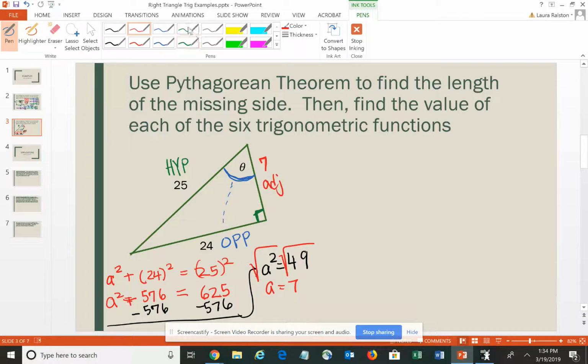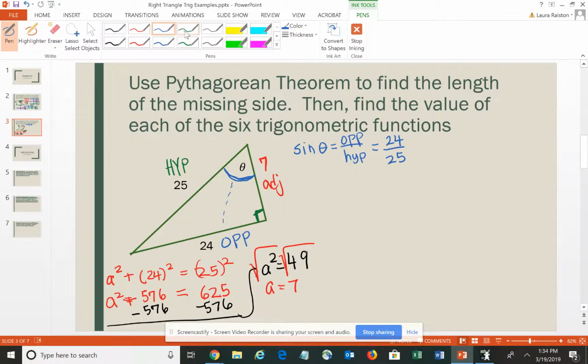And so then we'll begin the process of finding our 6 trigonometric functions. So I would have the sine of theta is the opposite over the hypotenuse, which is 24 over 25, which is a fraction.